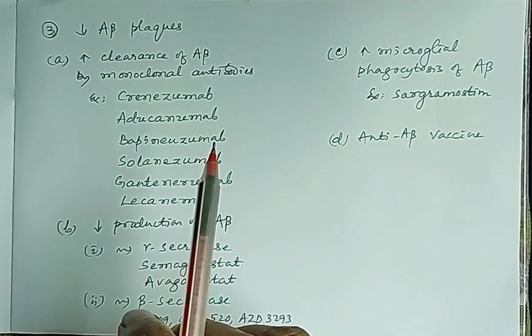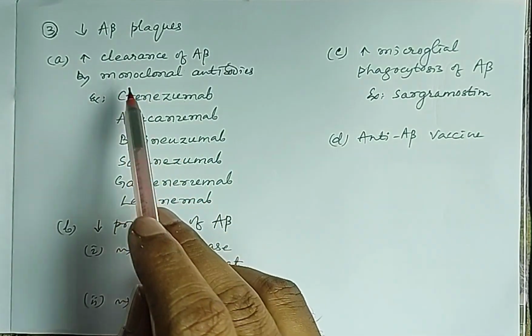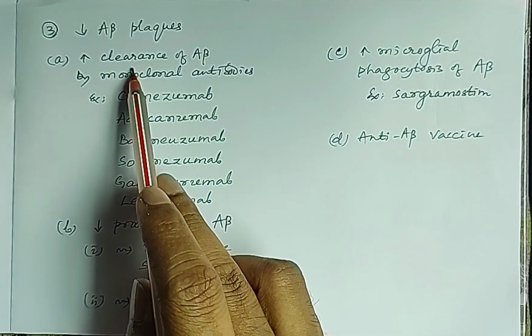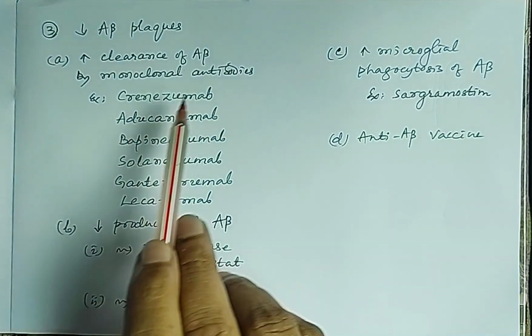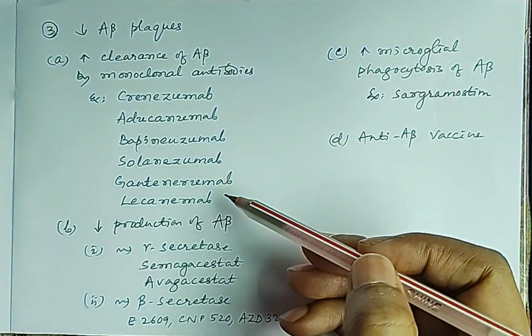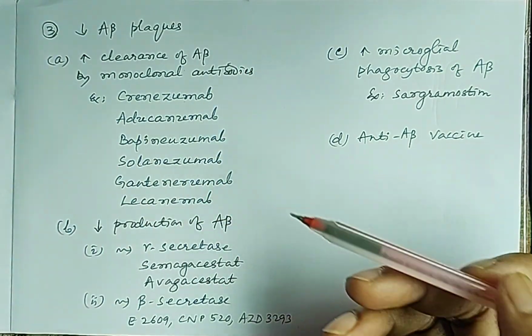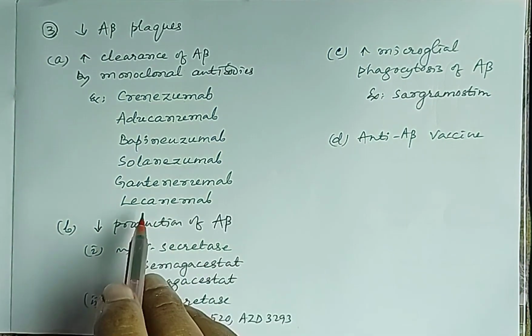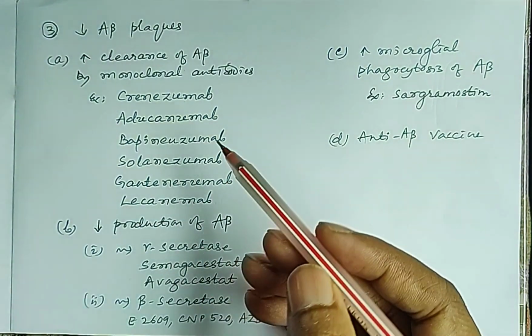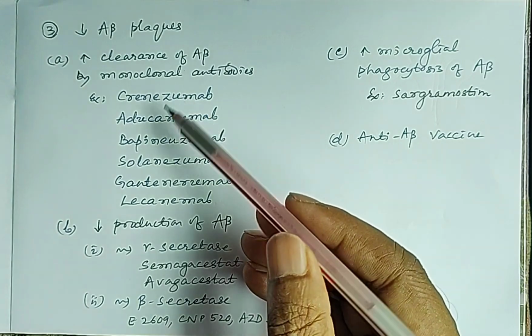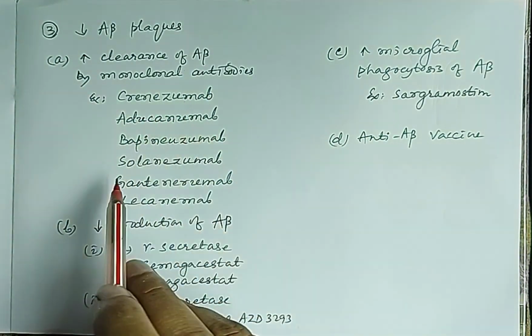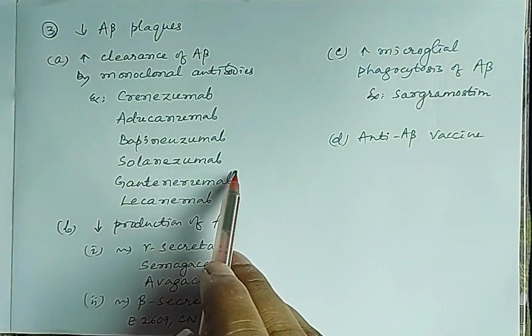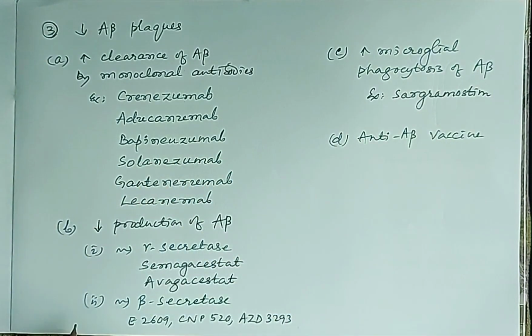Then we can target the amyloid beta plaque. The first group of drugs increases the clearance of amyloid beta using monoclonal antibodies, and some of these monoclonal antibodies are now approved by FDA, like lecanemab. Examples of these monoclonal antibodies are crenizumab, aducanumab, bapineuzumab, solanezumab, gantenerumab, and lecanemab.